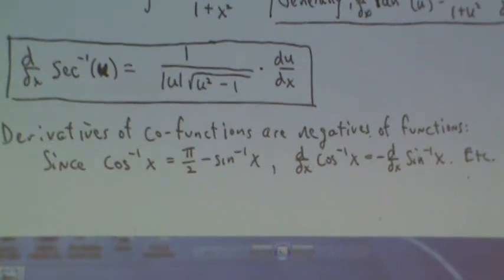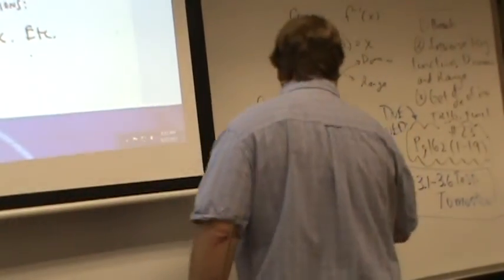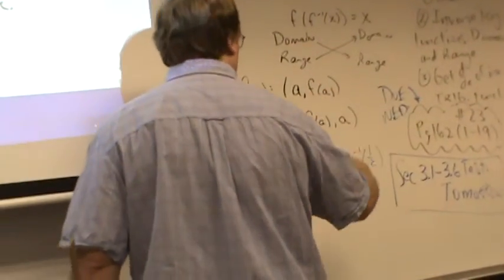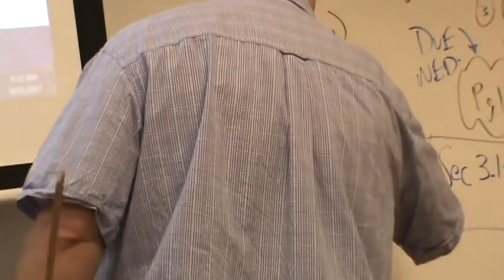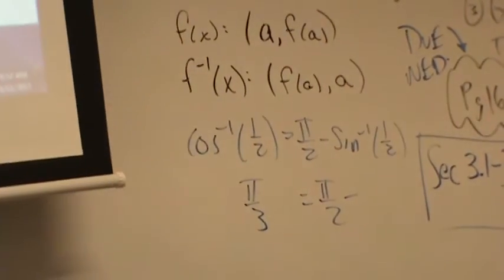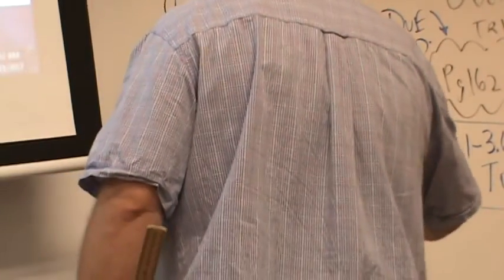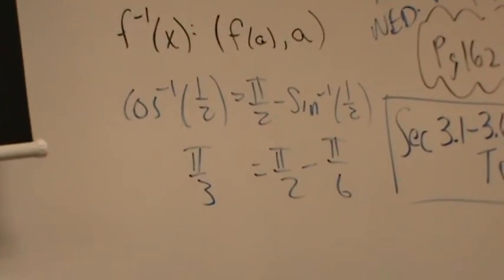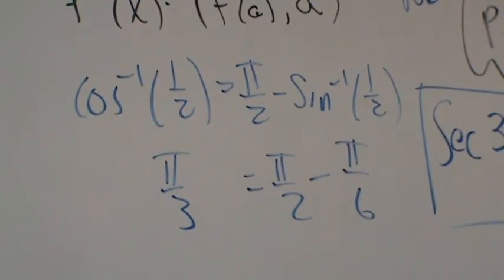The inverse cosine of a half is equal to pi over 2 minus the inverse sine of a half. The cosine of what angle gets me a half? That's going to be pi over 3. The inverse sine of a half, the sine of what angle gets me a half, well, that's pi over 6. And you get your relationship. Essentially, that's just saying that the sine of an angle and a cosine of an angle are always complements of each other.